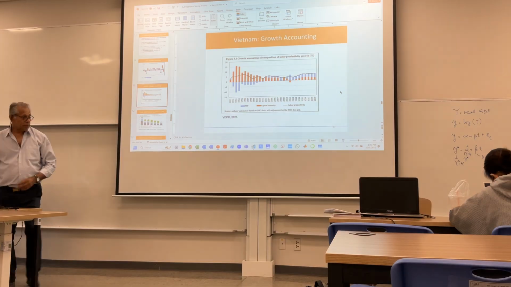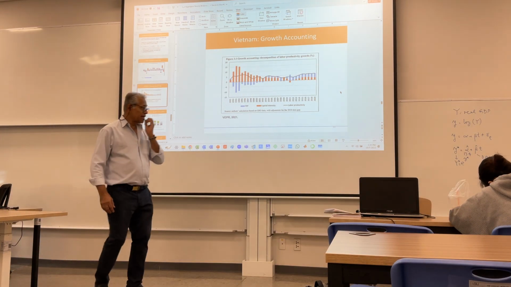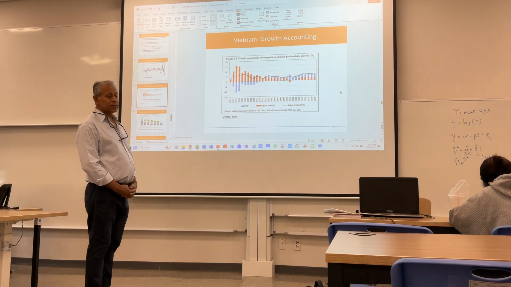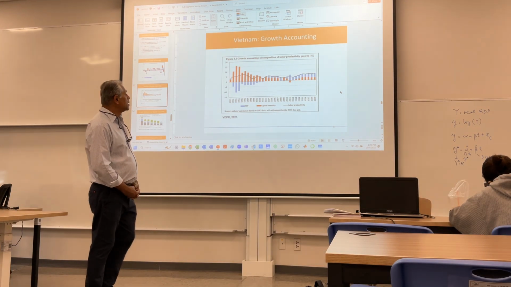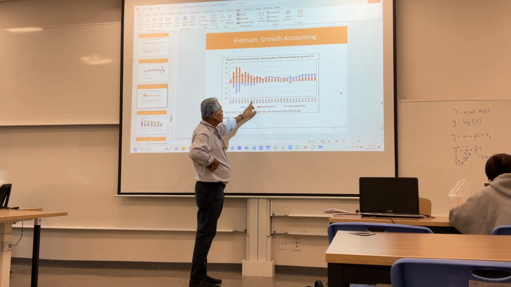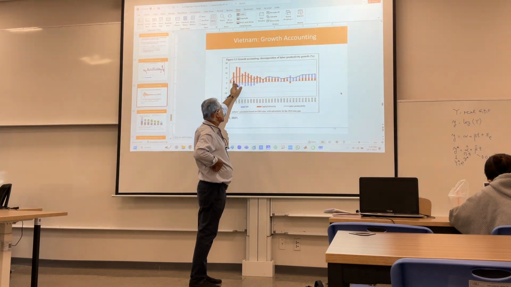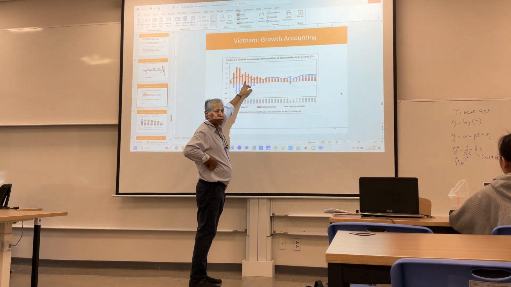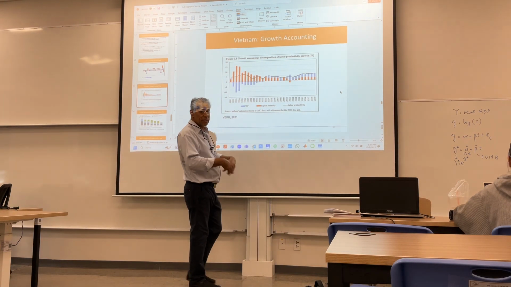In the case of Vietnam, people have done this kind of a calculation. This is an earlier study where in the earlier years, a lot of the growth is coming from capital accumulation. The economy is investing a lot.